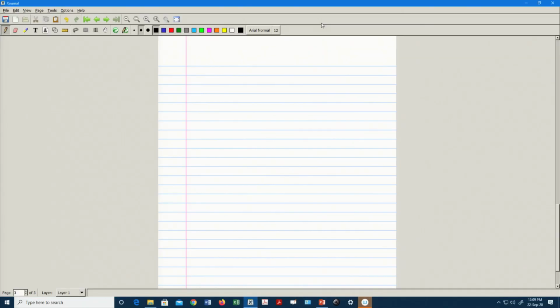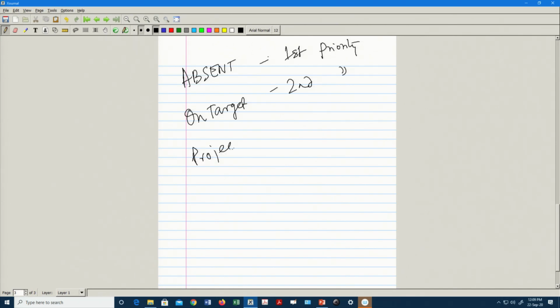I will explain this. What are we doing? We have 3 criteria, right? Absent is the first priority, then on target is the second priority, and then project is the third priority.